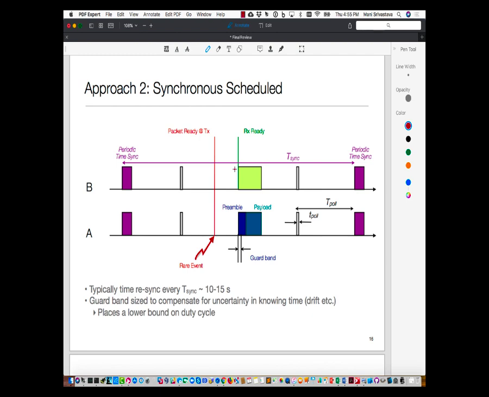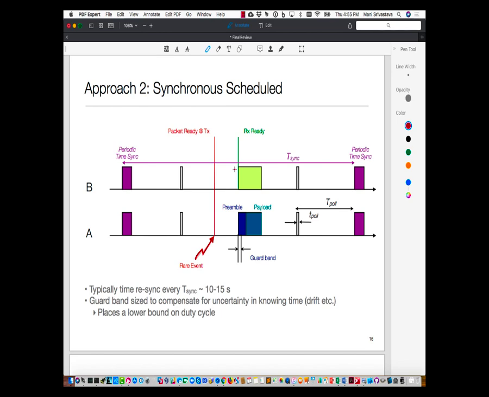So latency is a challenge, and then there is an initial latency here, which is simply that you have to wait until the next episode. Typically the kind of clocks you encounter result in a resync every, say, I put 15 seconds here, but let's say on the order of a minute. But again, it's a function of the clock.